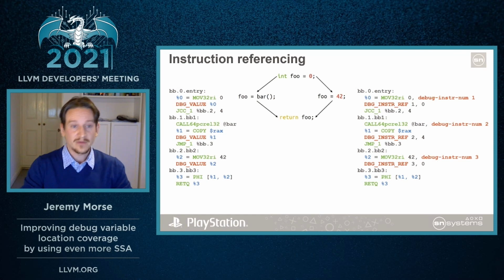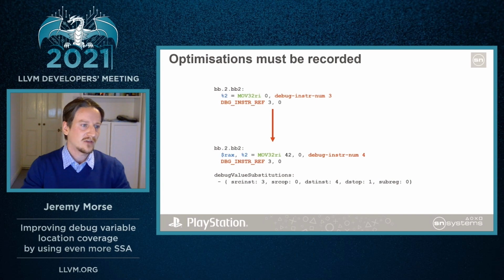It does have some limitations with this new approach. The first of all is there's a little more work required when optimizations happen to the instructions as opposed to the registers. Let's imagine, say, that this load of a constant value is replaced by an instruction that loads multiple constant values. In this slide from top to bottom, instead of loading 0 into %2, let's load constants 42 and 0 into registers rax and %2.